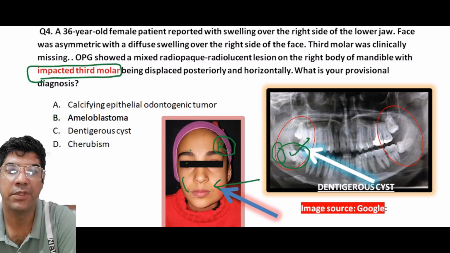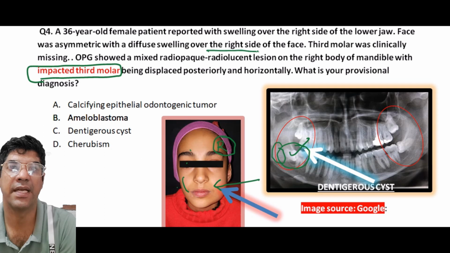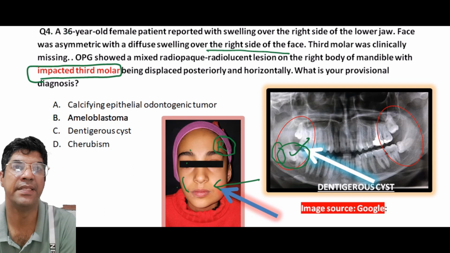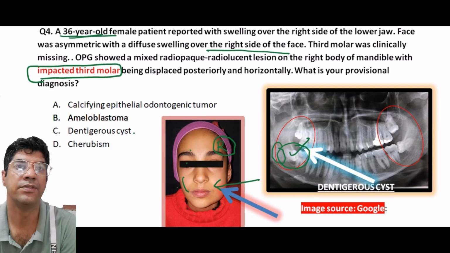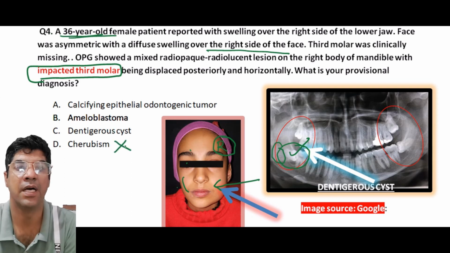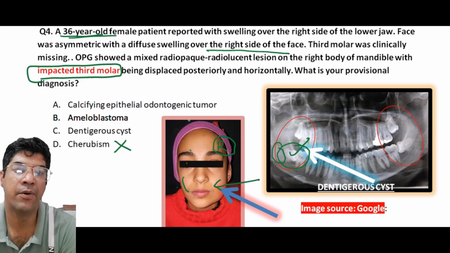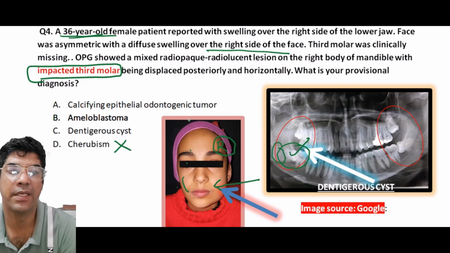In cherubism, the swelling is bilateral, whereas here the swelling is over the right side of the face. Cherubism appears in childhood, and the age of the patient is 36 years, so cherubism is not the answer. Ameloblastomas can cause expansion of the jaw, but they don't typically displace the third molar; they are found in the posterior mandible or ramus region.